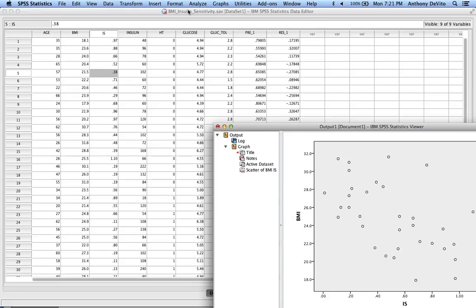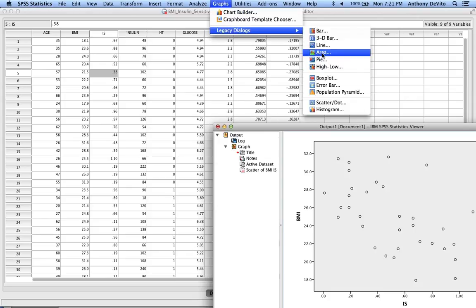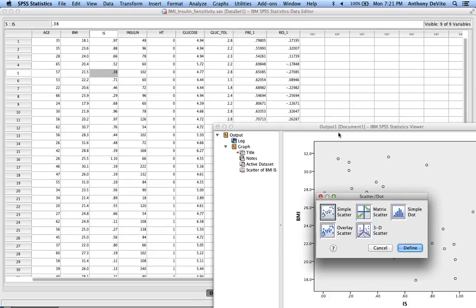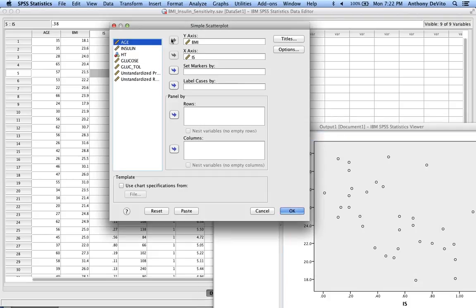At any rate, I could actually redo this graph if I wanted to. Graph, legacy dialogs, scatter dot. And if I don't feel comfortable with the way this got laid out, I could reverse these axes. Put BMI on the x-axis and insulin sensitivity on the y-axis, kind of the way I might look at it as a regression if I think there might be some causality.